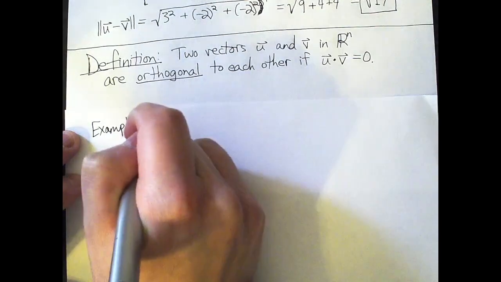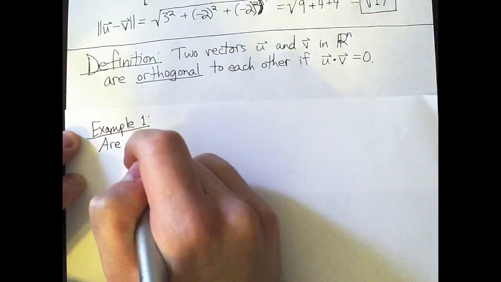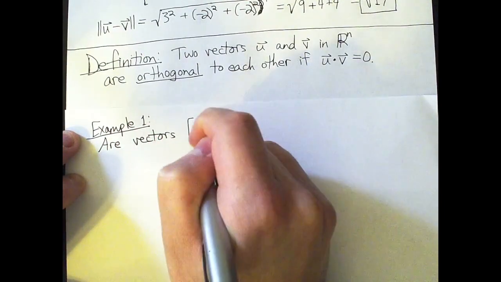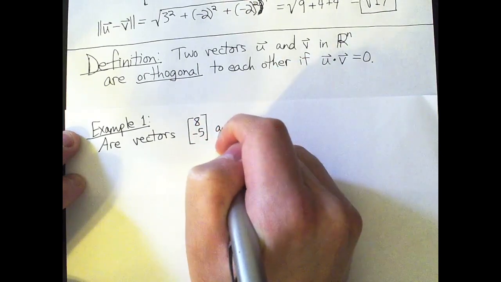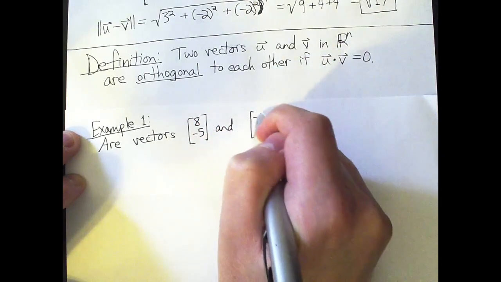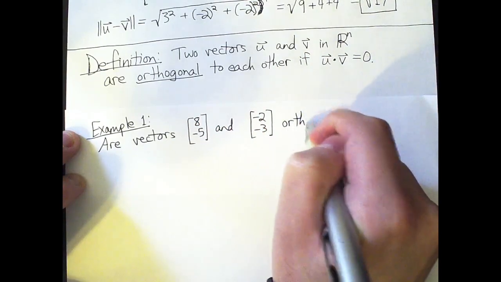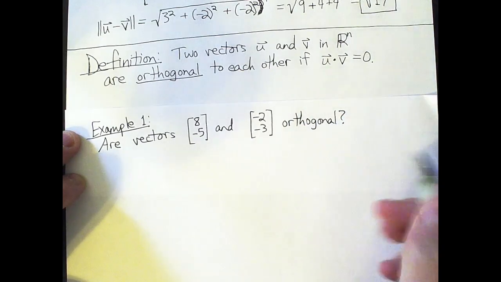Example 1. Are the vectors 8, negative 5, and negative 2, negative 3, orthogonal? So this is a yes or no question. They either are orthogonal or they're not.